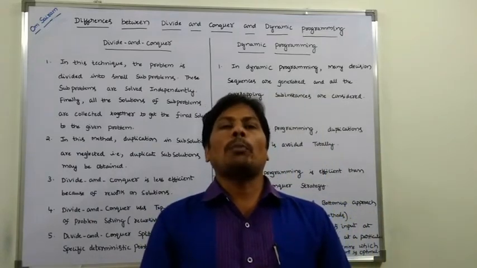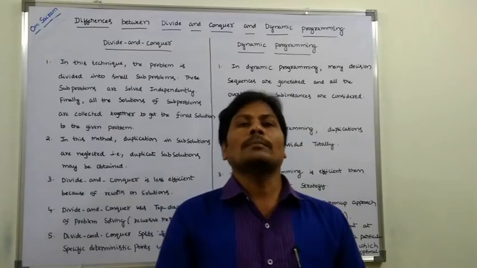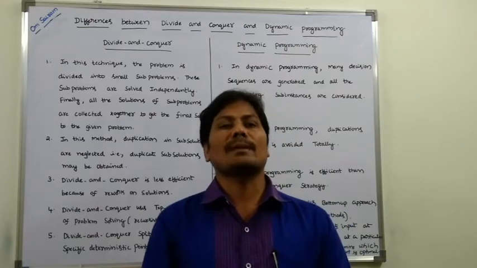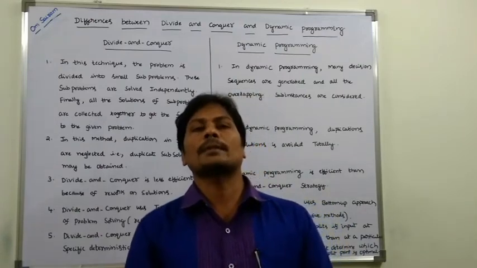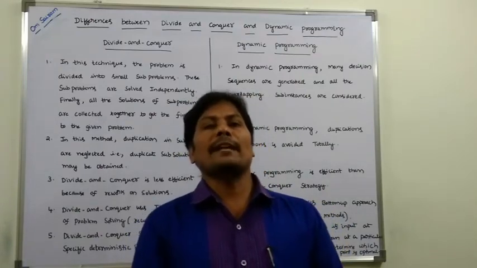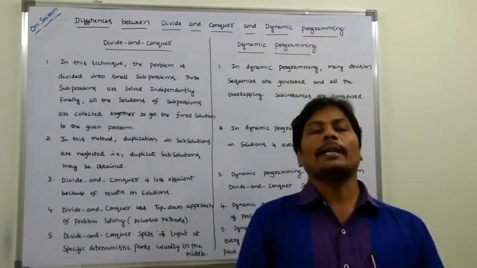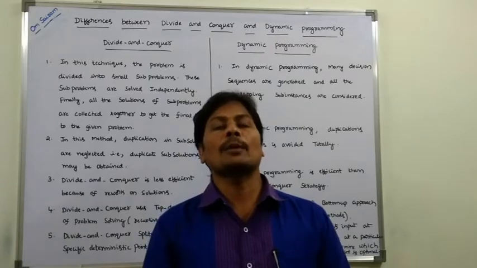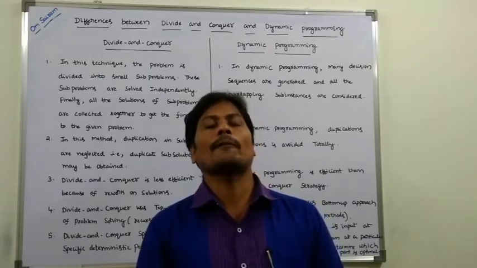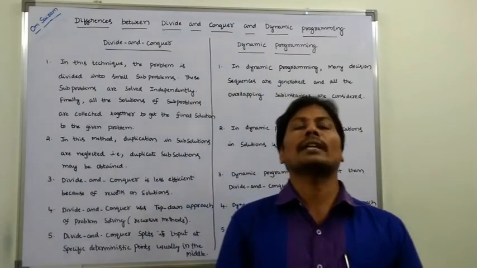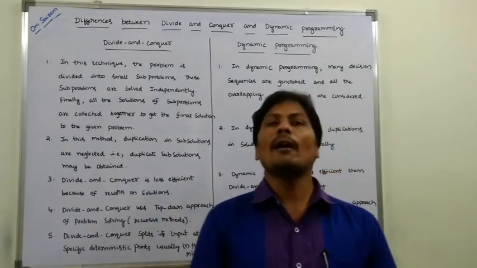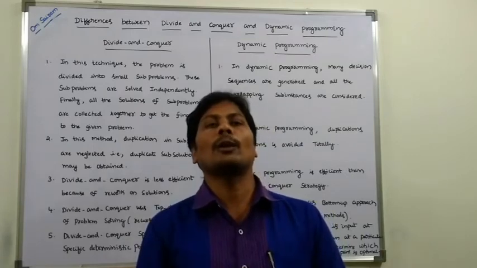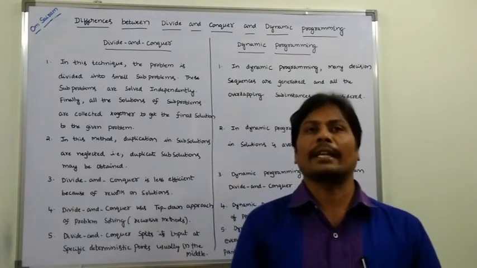Otherwise, if the problem is very big, it can be divided into smaller subproblems. Each subproblem can be solved independently. Then we combine all the solutions of the subproblems, and we get the solution to the original problem. This is the technique we follow in divide and conquer.